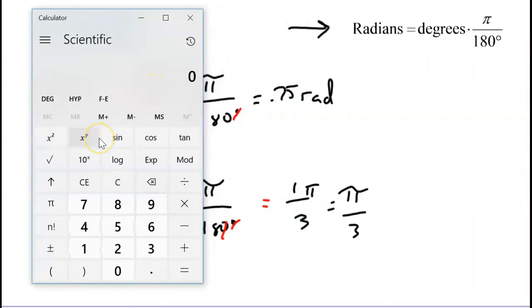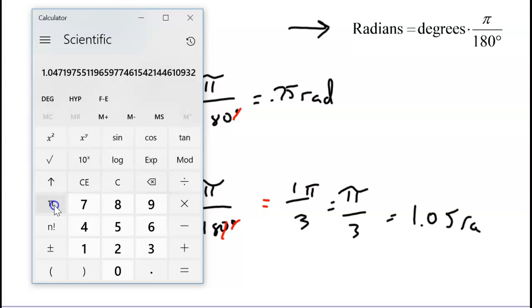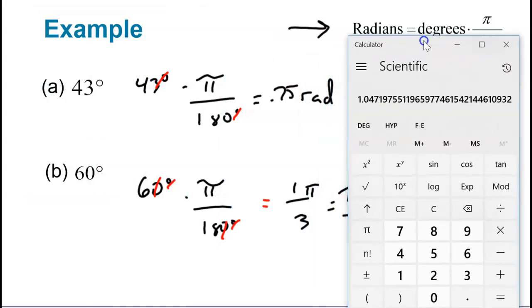And so if I have pi divided by 3, that equals 1.05, and then my units are radians. Okay, and that's how to convert between degrees to radians.